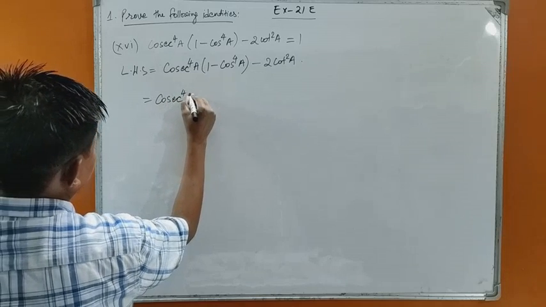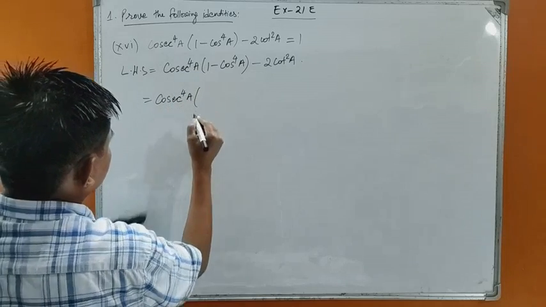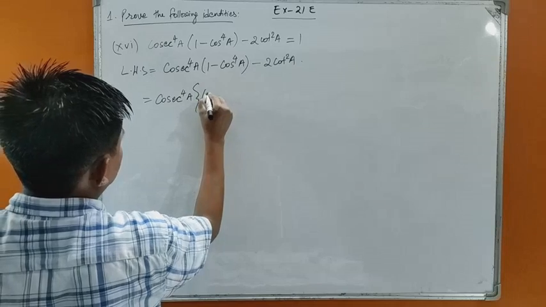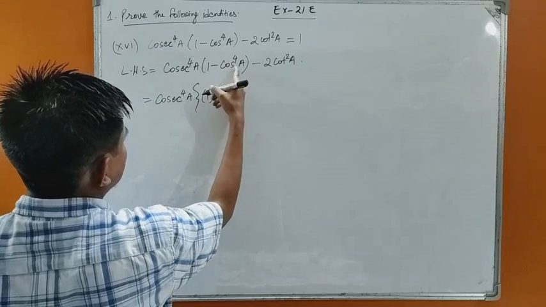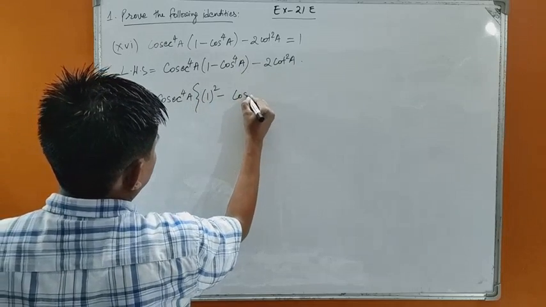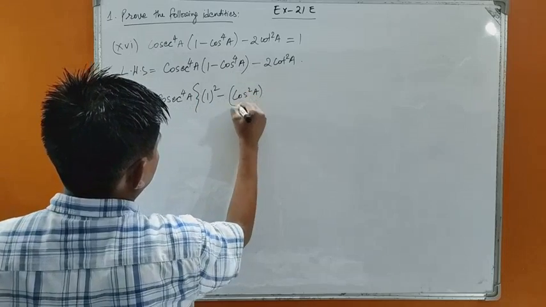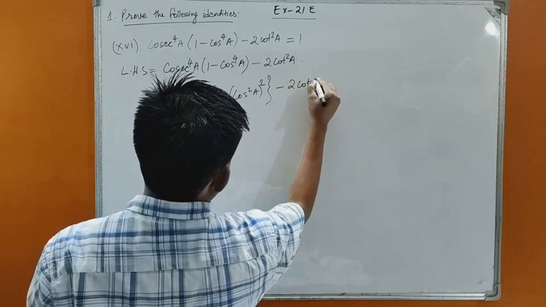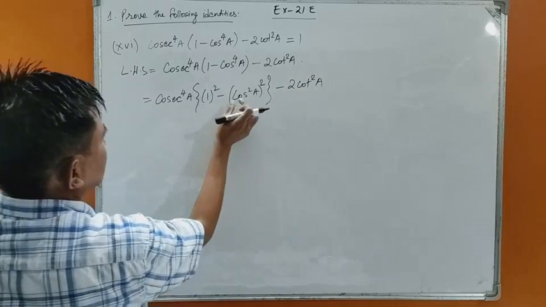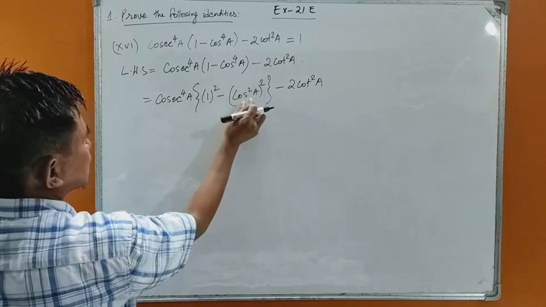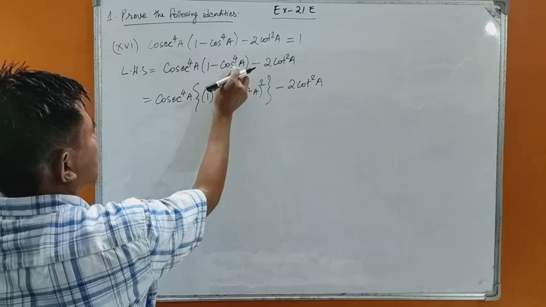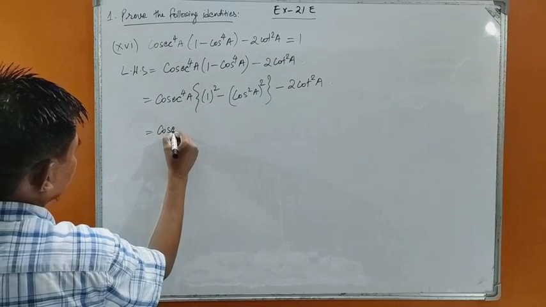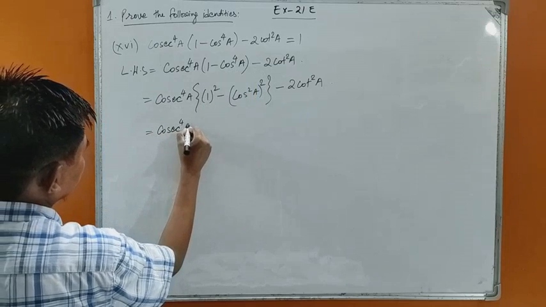So this 1 can be written as 1 squared, isn't it? So 1 squared minus cos to the power 4a means cos square a whole squared minus 2 cot square a.